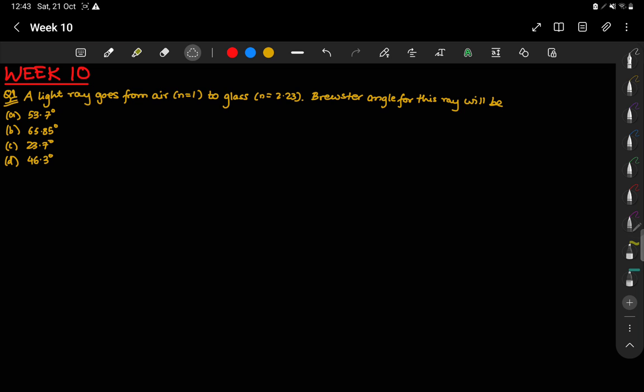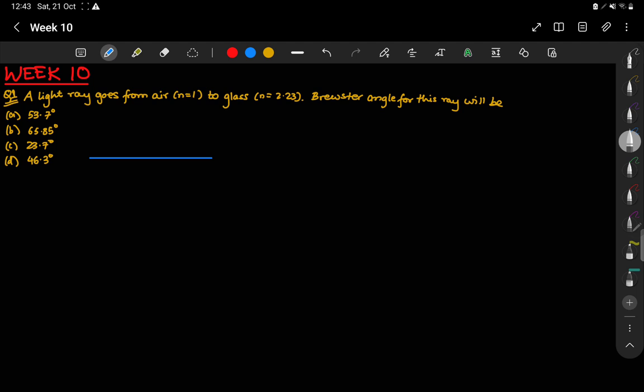Let us now discuss the answer. So what we have is an air to glass interface. So let me first draw the interface.